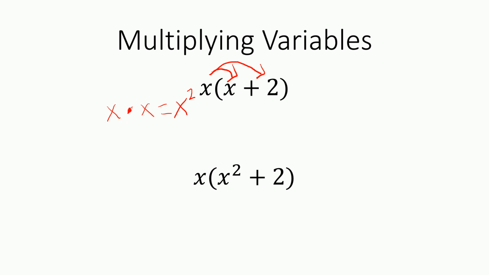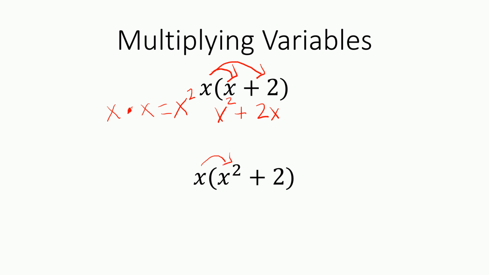In this case, x times x is x squared, because there's only two x's. And then of course x times 2, they're not both variables, it's just 2x, because we're doubling x essentially.